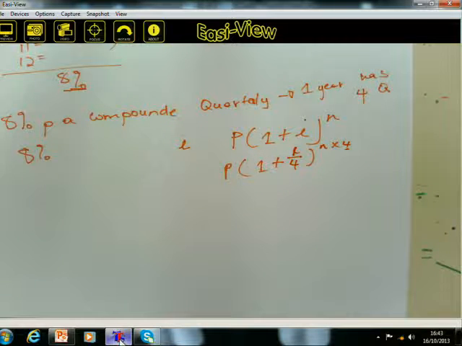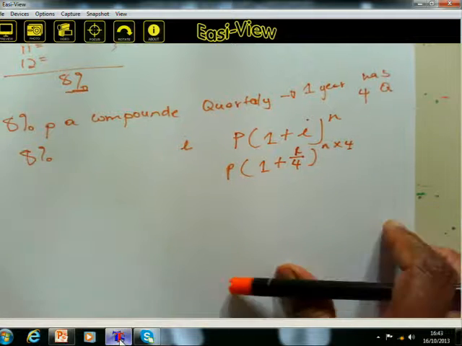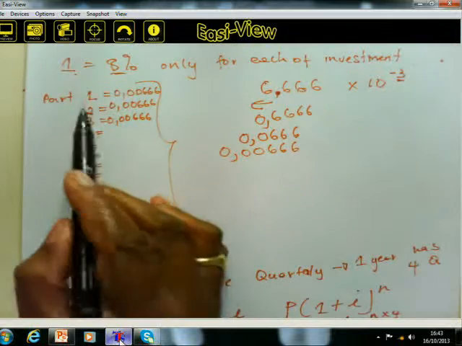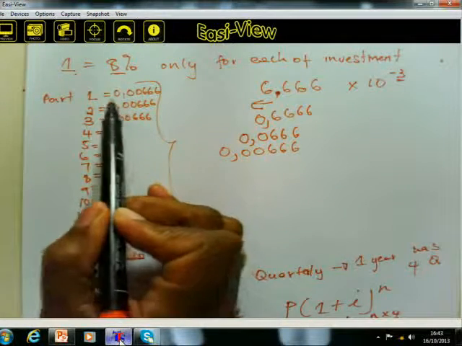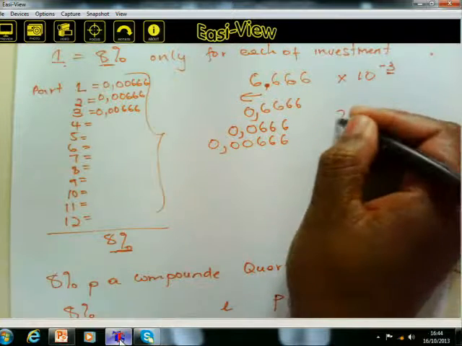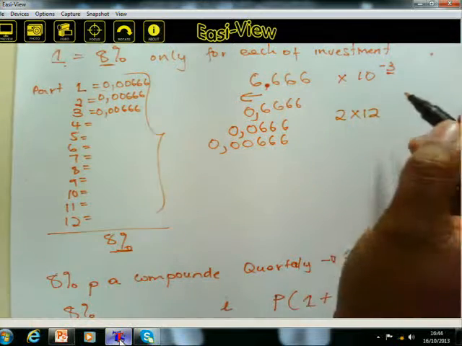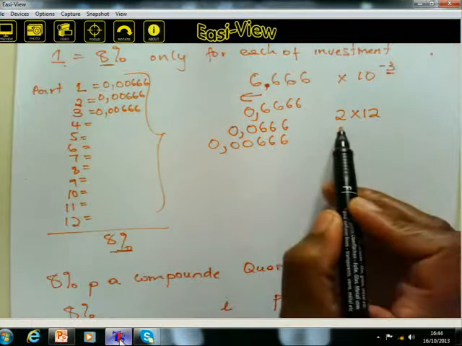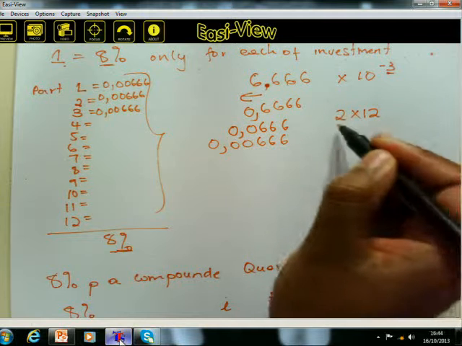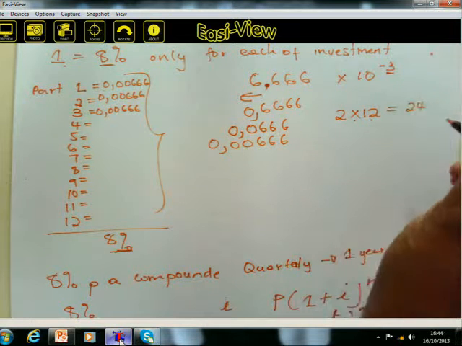Why do we multiply? I explained why we divide, because this interest, we're not going to get 8% every month. We're going to get part of 8% every month. Why do we multiply then by 12? Because now we say 2 years and then we multiply it by 12. Because now we are saying that the number of years is 2 years and then times 12. And then from there we're going to get 24.